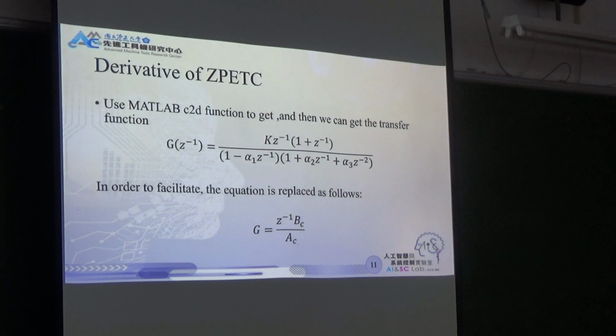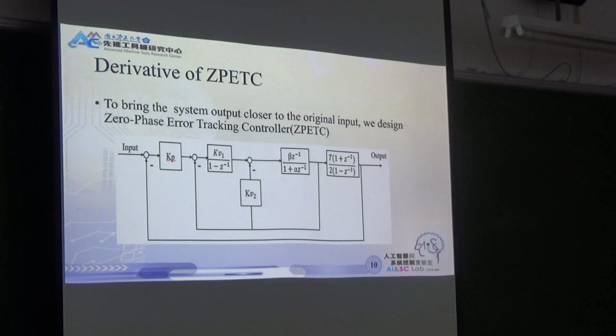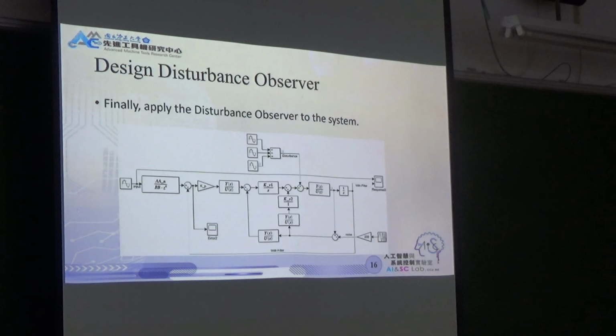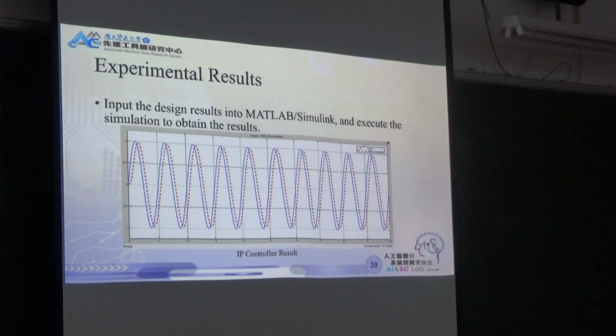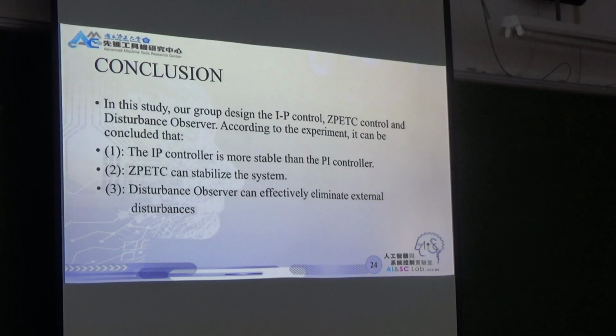Can you go to the conclusion? According to your explanation, the first point is that stability depends on zero. So IP does not have an unstable zero, so IP is more stable. Is that what you mean?